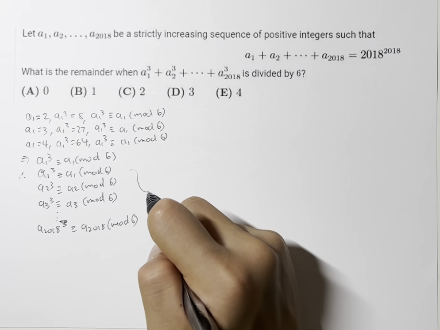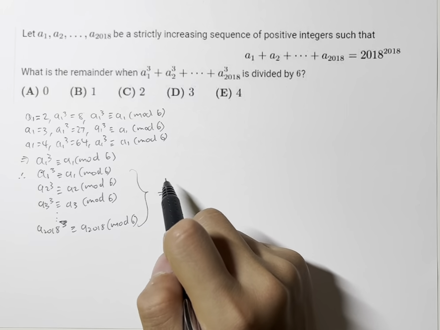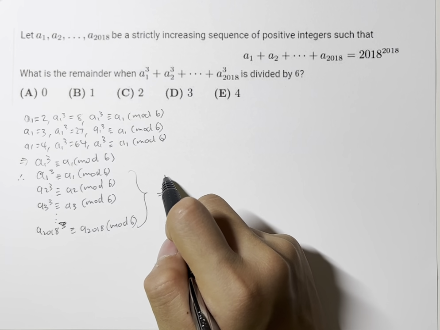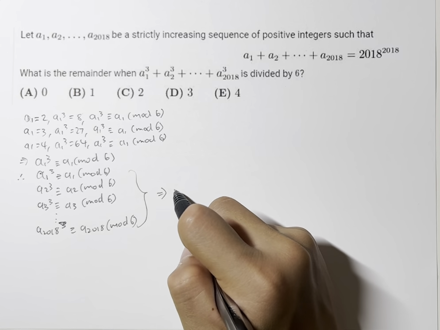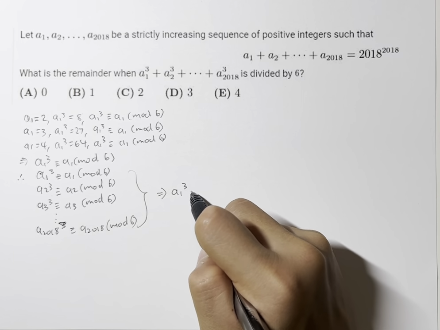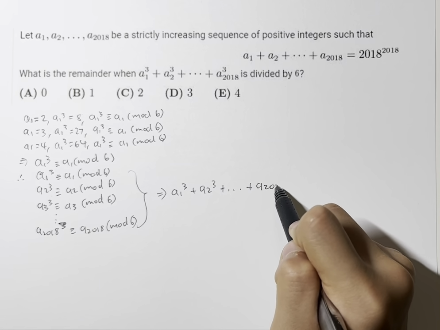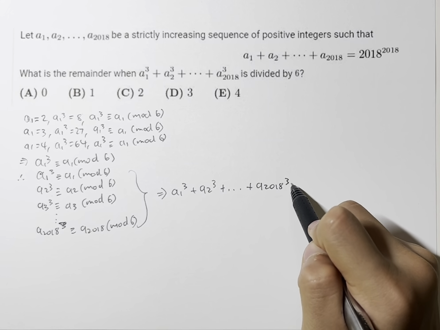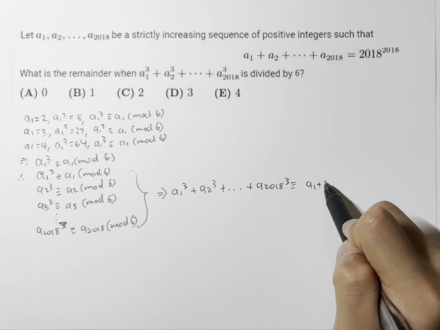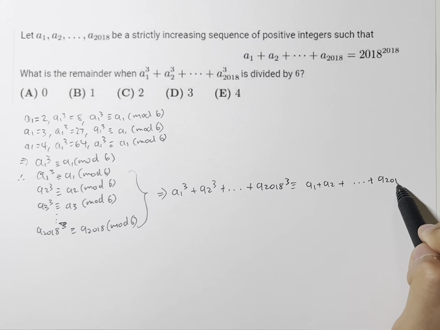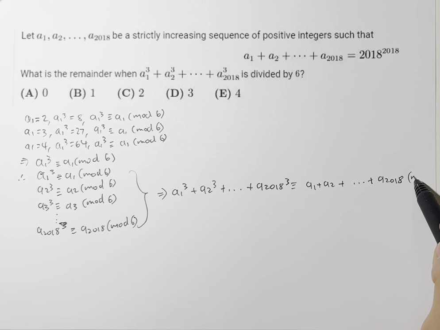Combine these, and we find that the sum will also be congruent, which is pretty obvious. So this will mean that A1 cubed plus A2 cubed plus ... plus A2018 cubed is congruent to A1 plus A2 plus ... plus A2018 mod 6.